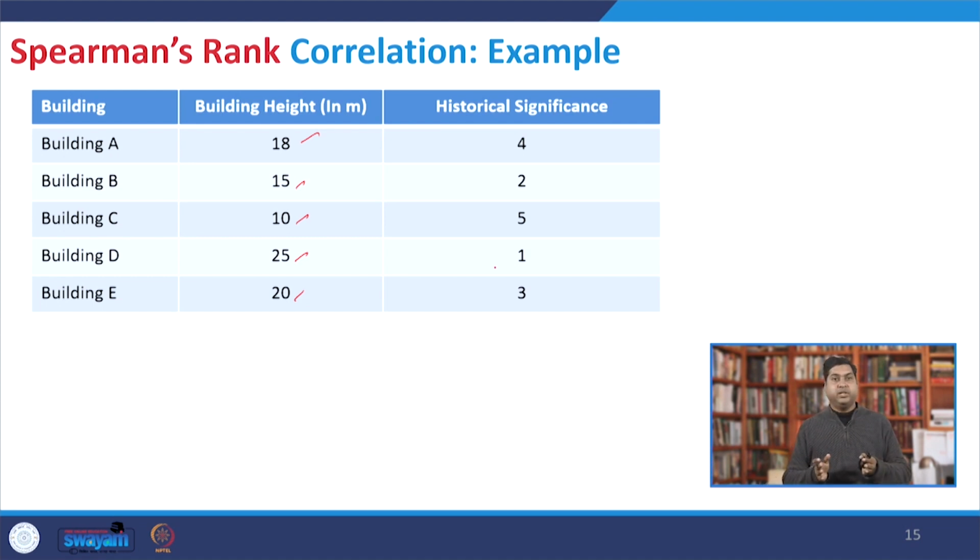This is again a hypothetical case, but here we just try to understand that building D is the first one, then building B, and then like that building E. Now these are the raw values, one is height in meters and the other is just a score about the historical significance.